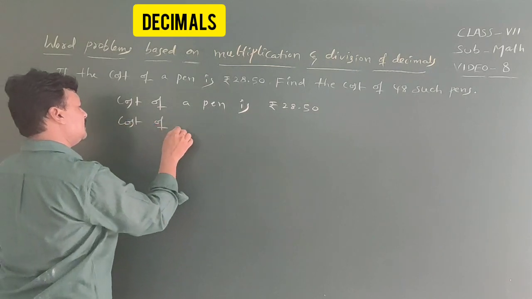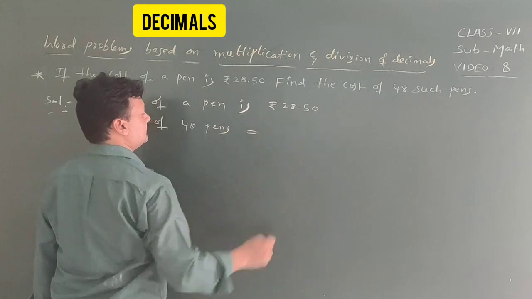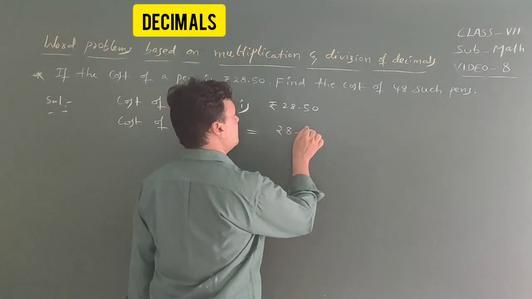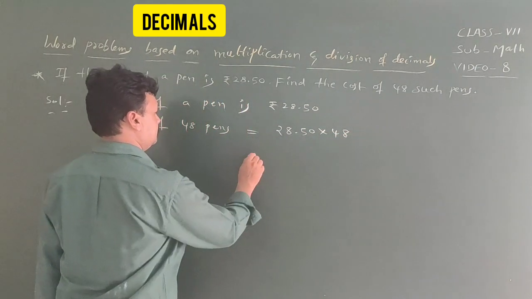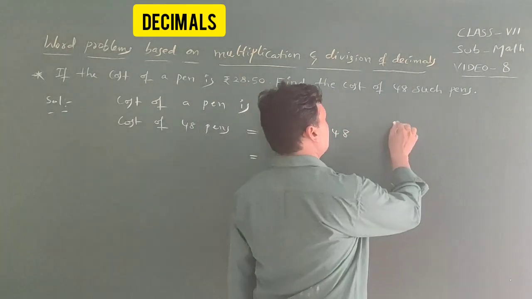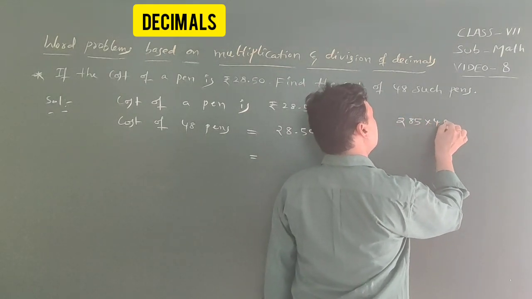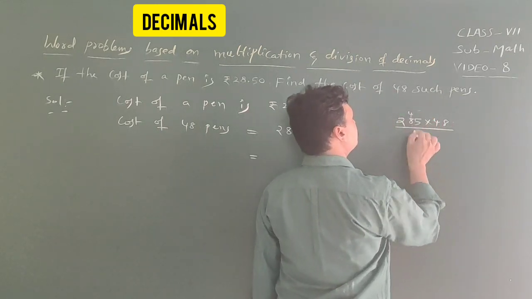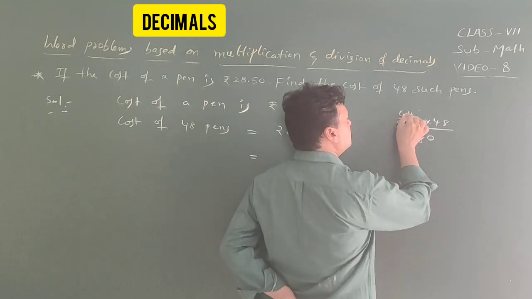Now we want the cost of 48 pens. 28.50 into 48. So here 285 into 48. 8 5s are 40. 8 8s are 64 plus 4, 68.